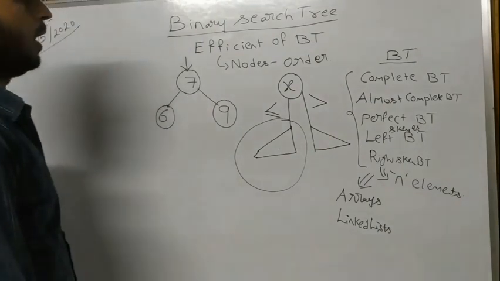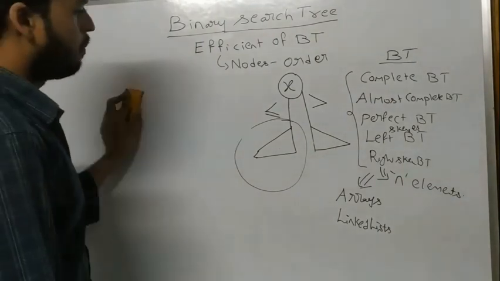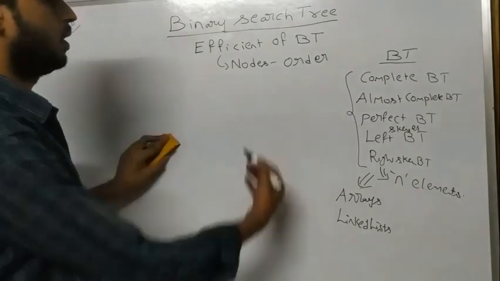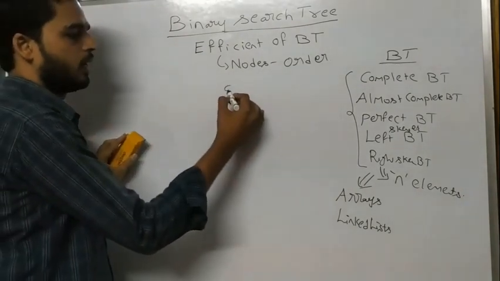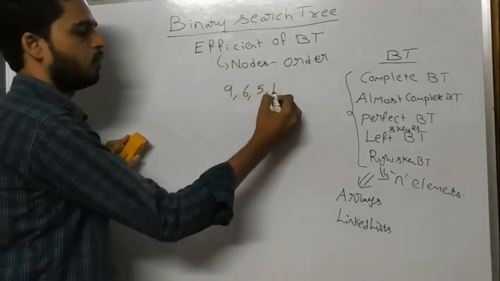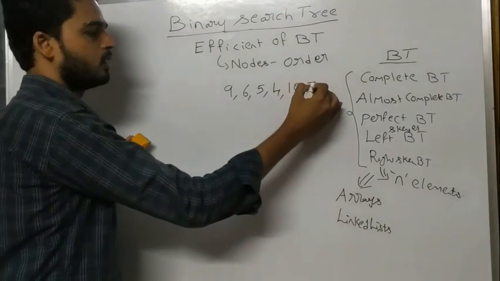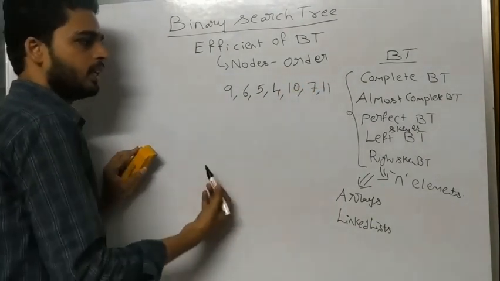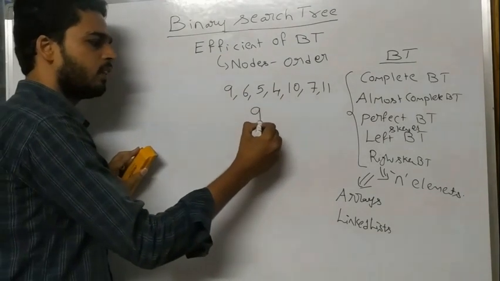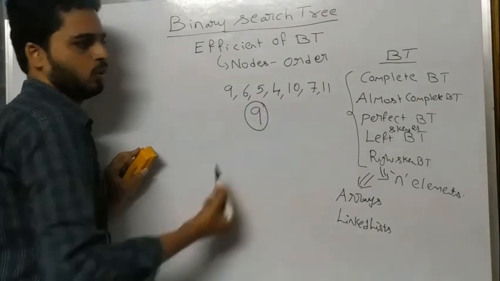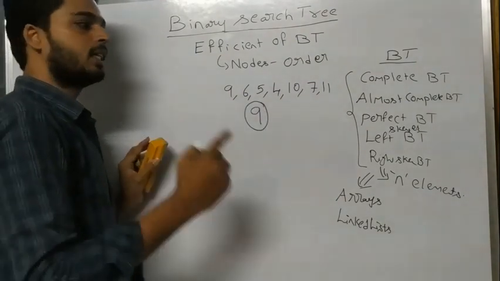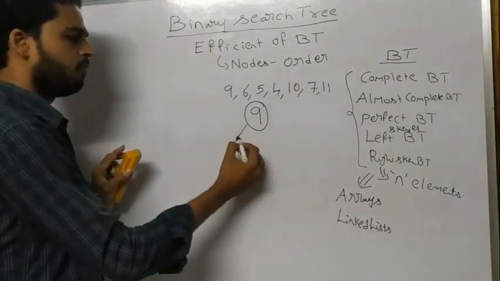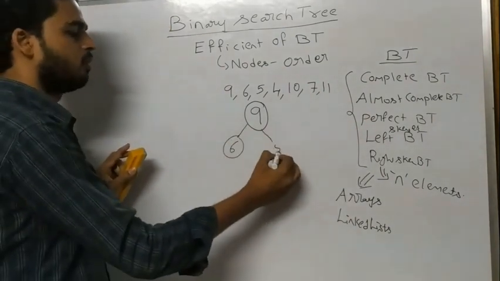For example, I am having a binary tree with some values like 9, 6, 5, 4, 10, 7, 11. If I want to construct a binary tree, I can construct it in different ways. Why? Because there are no proper rules, unless I say that it is a complete binary tree, almost complete binary tree, or perfect binary tree. Like simply I am defining 9, 6, 5.